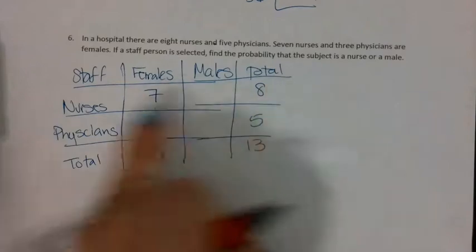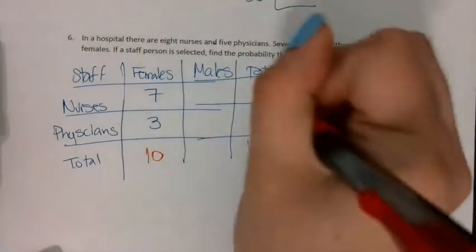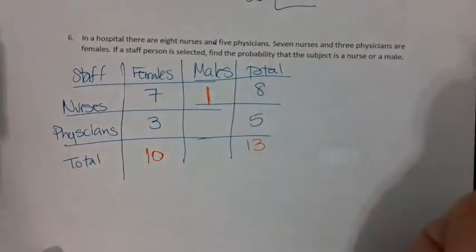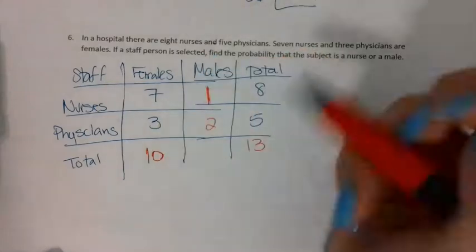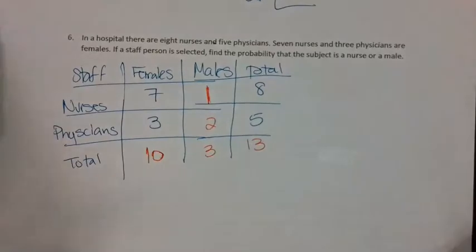Then over here, I'm subtracting to find the missing male column. So 8 minus 7 is 1. 5 minus 3 is 2. And I can either add 1 and 2 or subtract 13 and 10 to get 3. If it doesn't both come out to the same number, it means I've made a mistake somewhere.